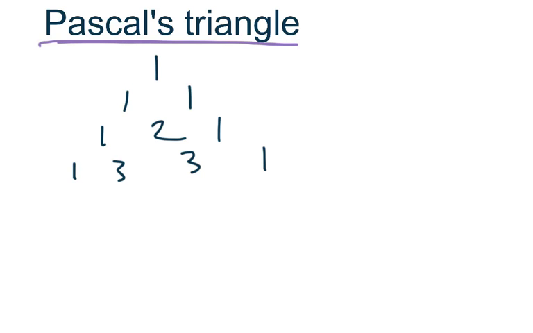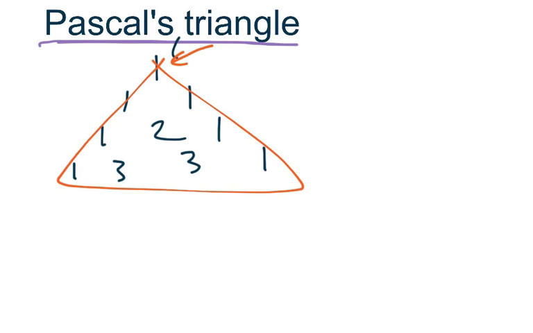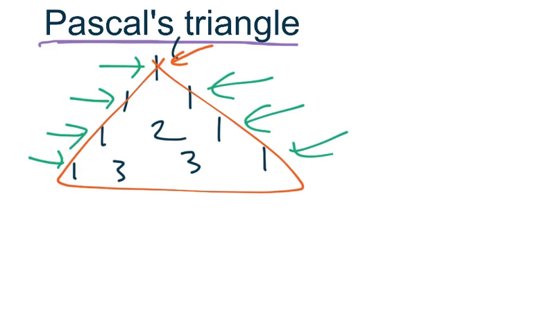Now, if you look at Pascal's triangle, guys, you'll notice that there's a pattern here. Okay? The pattern, of course, is, let me go to red here, notice how we have a triangular shape, hence the name Pascal's triangle, and each row of the triangle, follow the green going across, always starts with 1 and ends with 1.